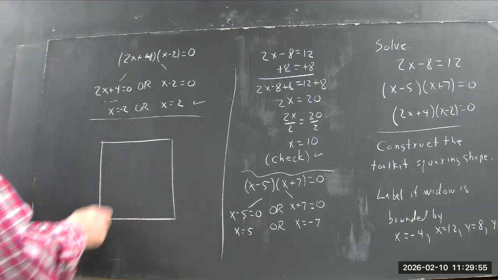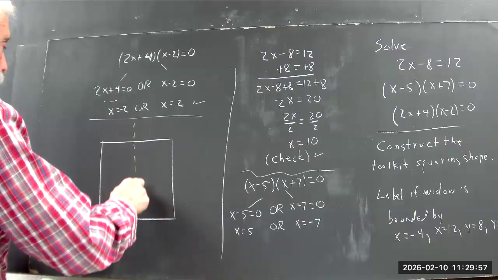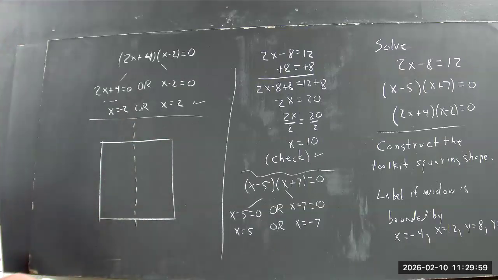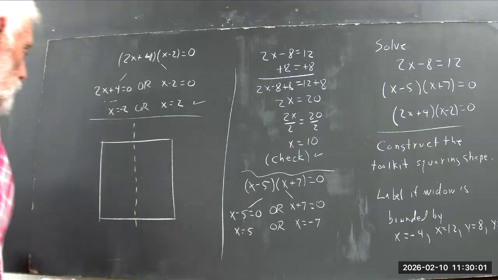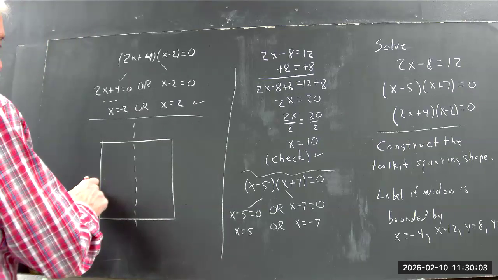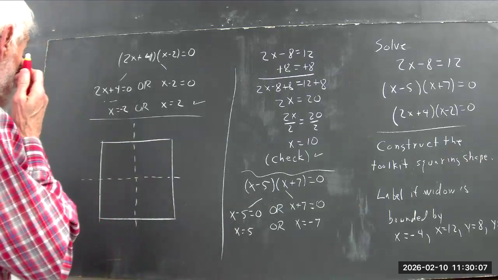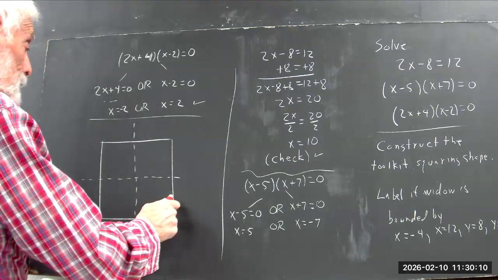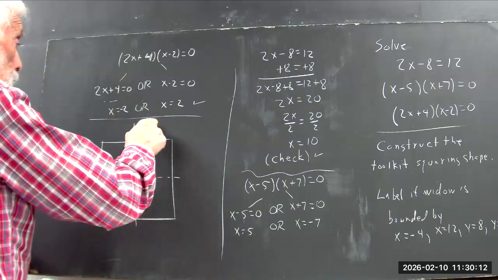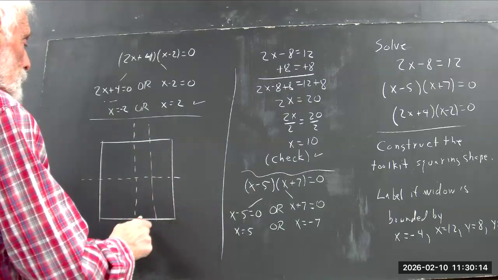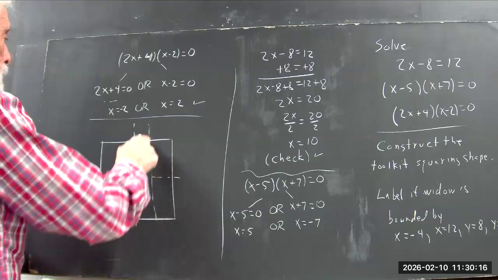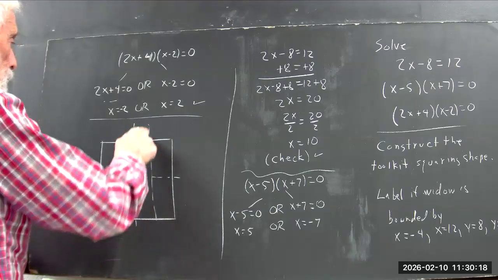So here's a rectangle. We divide it in the middle, as we pretty much always do. And we divide it here in the middle. Then halfway from the left edge to the middle. And then halfway from the middle line to the middle.